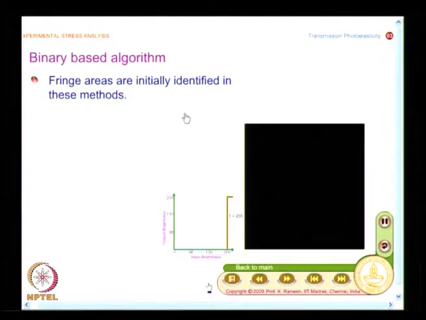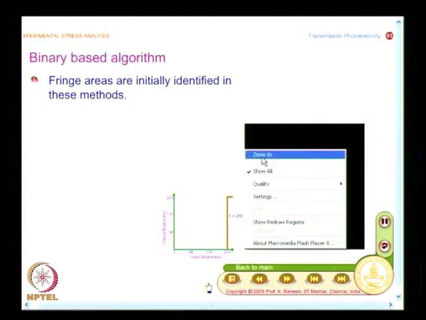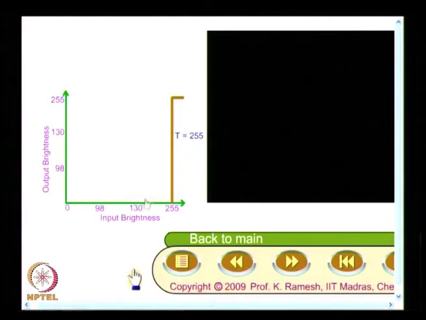thresholding. I have deliberately shown this image area as black. In thresholding, I look at the gray level values and put a kind of filter. Here I have discretized from 0 to 255. Up to 255 make everything black, at 255 make it white.